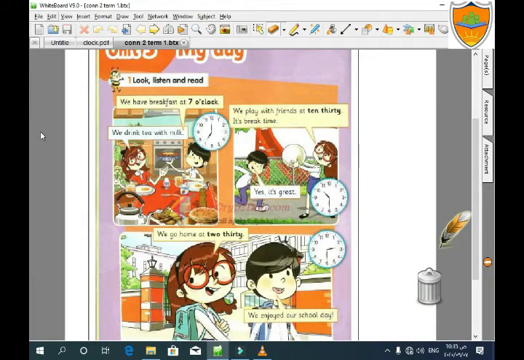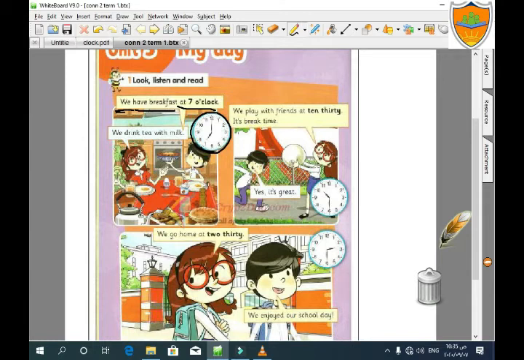And now let's read the dialogue again together. We have here Hannah and Hani. Hani says, we have breakfast at 7 o'clock. Hannah says, we drink tea with milk.